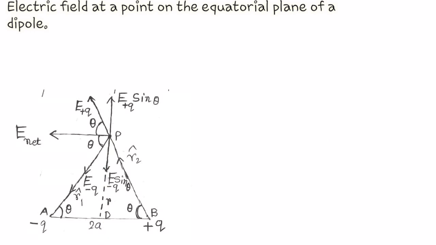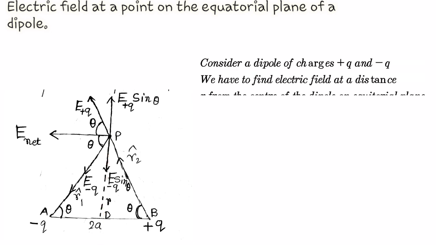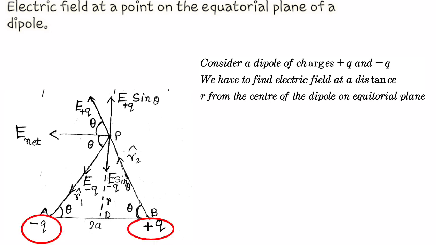Now we are going to derive the expression for the electric field at a point on the equatorial plane of a dipole. Consider an electric dipole of charges minus q and plus q separated by a distance 2a. We have to find the electric field at an equatorial point P, which is at a distance r from the center of this dipole.